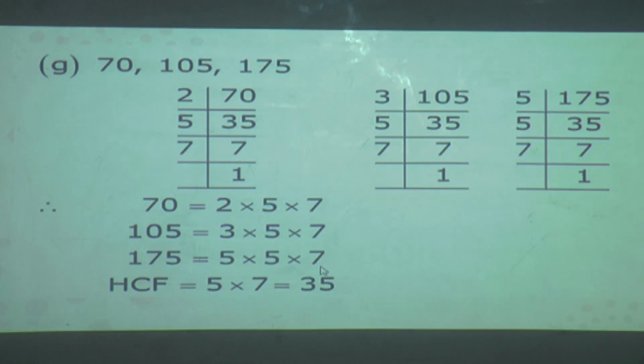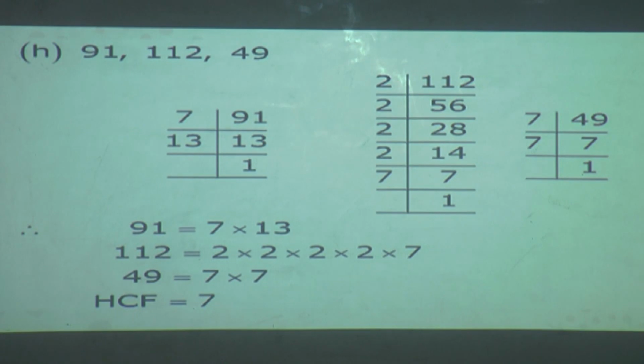As we can see here, we have the common factors as 5 into 7. After multiplying 5 into 7 we get 35. So highest common factor of 70, 105 and 175 is 35.